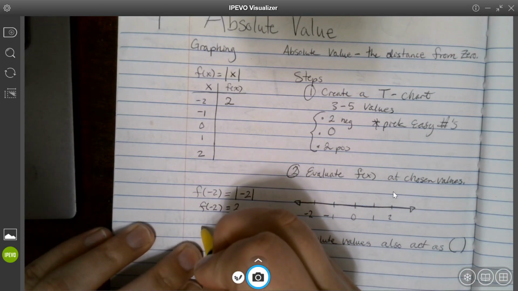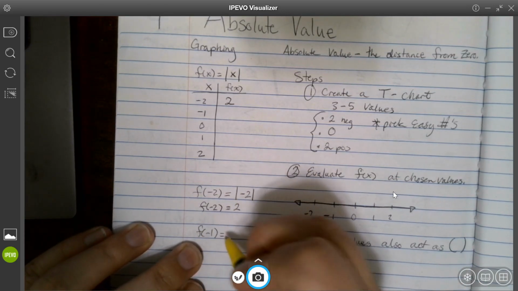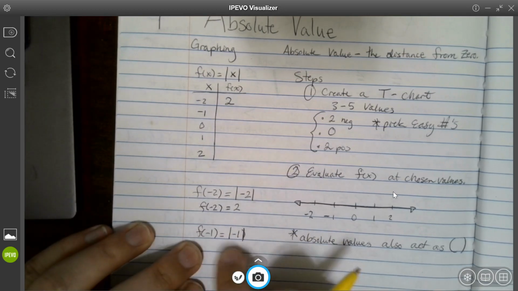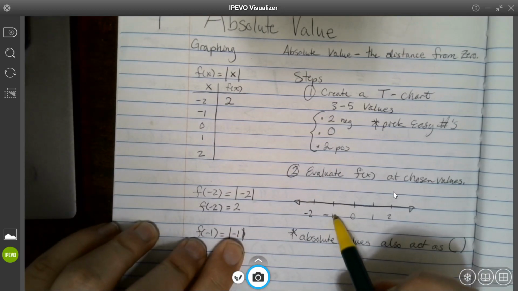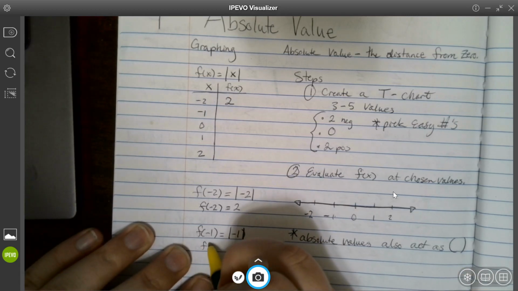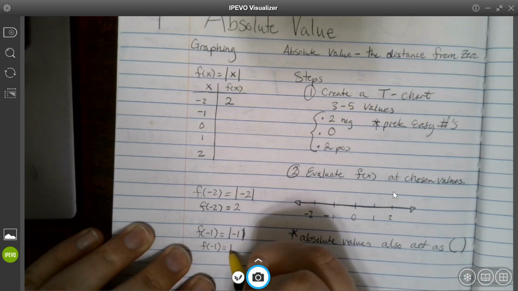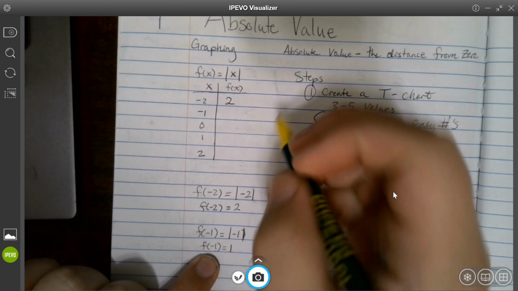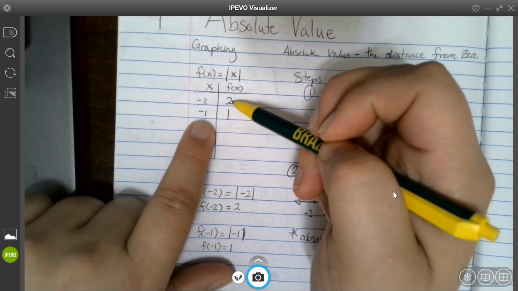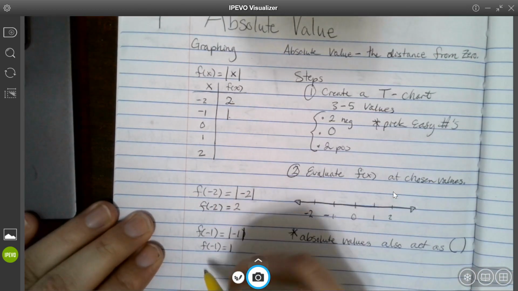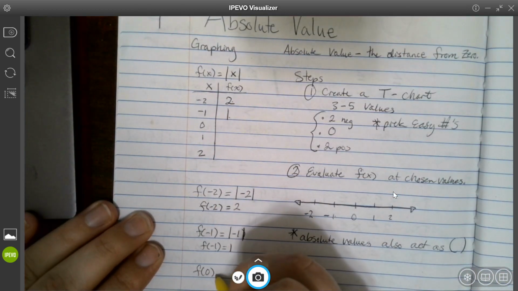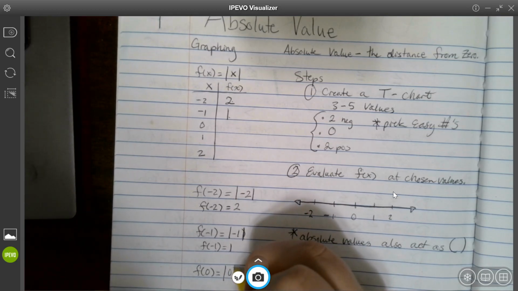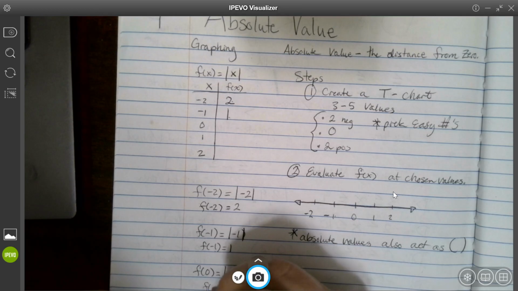Let's keep going. Plugging in negative 1. So everywhere there was an x, it's now a negative 1. Well, the distance negative 1 from 0, just 1 unit. Notice that this is my point. This is my x, this is my y. X, y, x, y. F of 0 is equal to absolute value of 0. Well, this one's the easiest ever.